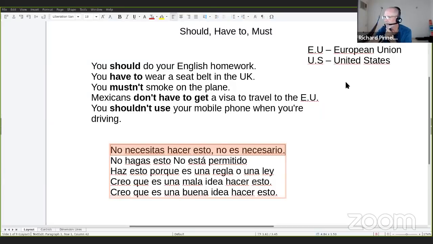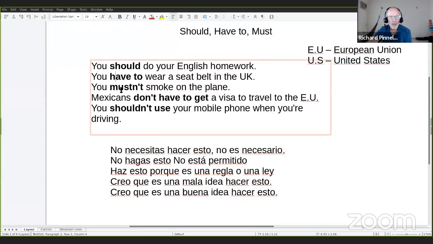You shouldn't use your mobile phone. No, no es eso, no. You should do your English homework. No, eso no es que no es el deber. Homework es tarea. No es necesario. ¿Cuál de esas frases aquí?